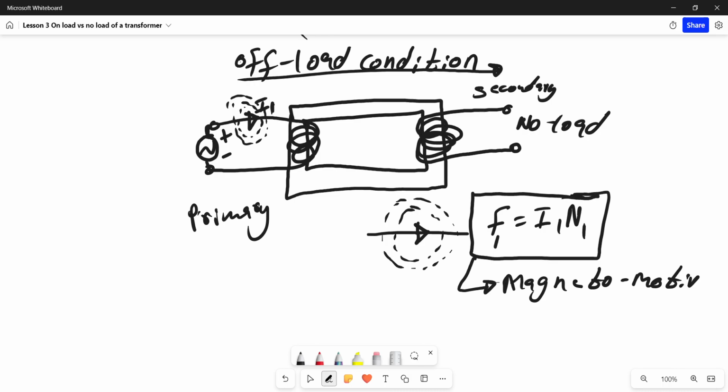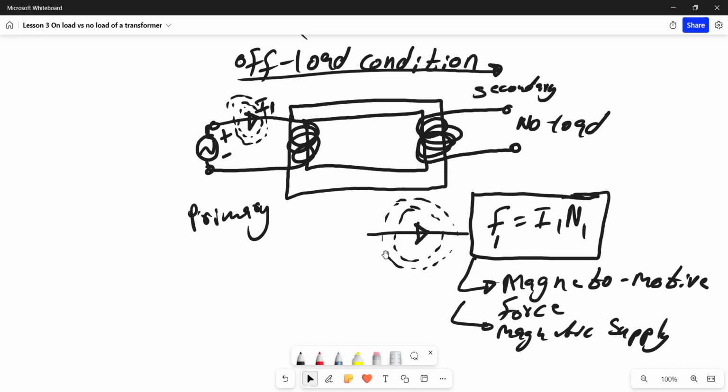I like calling this F1, or this magnetomotive force, a magnetic supply. That's what I like calling it, because it acts like a supply for the magnetic circuit. So when this happens, there'll be an MMF.